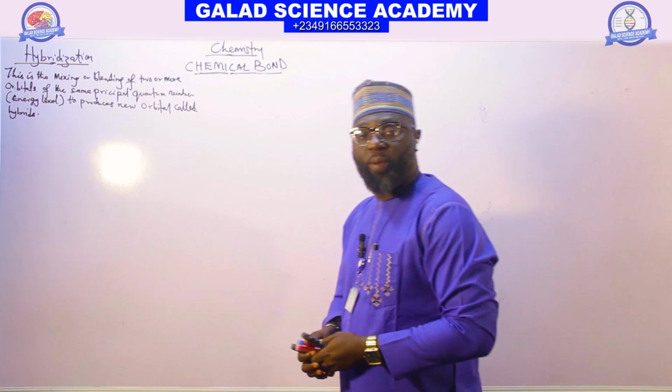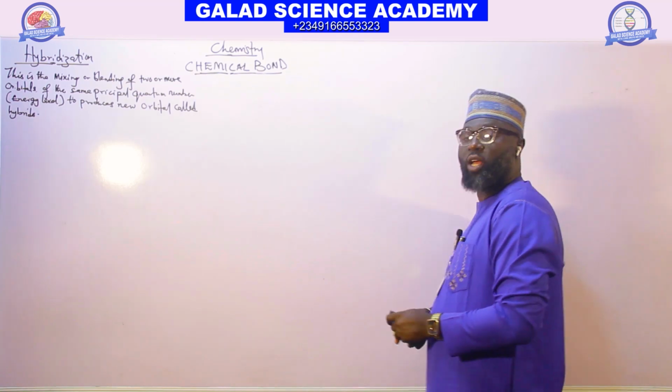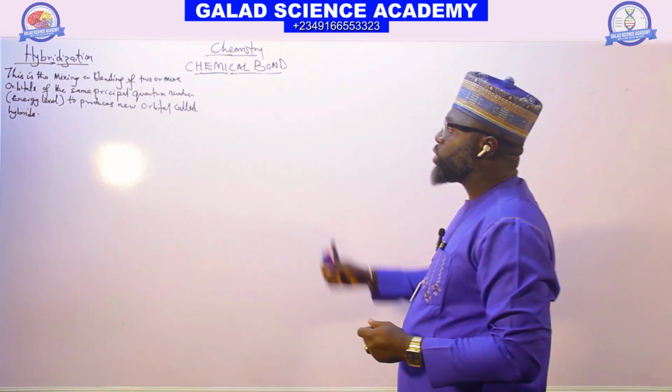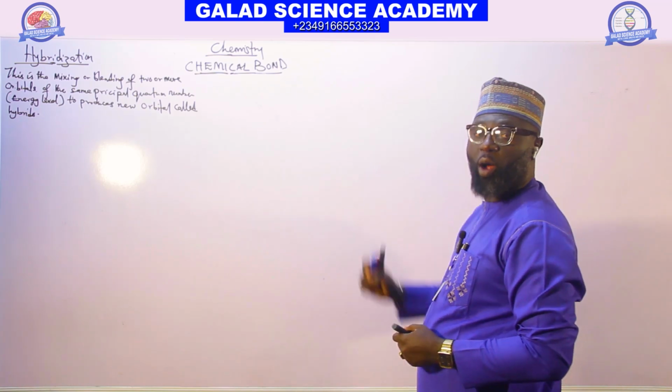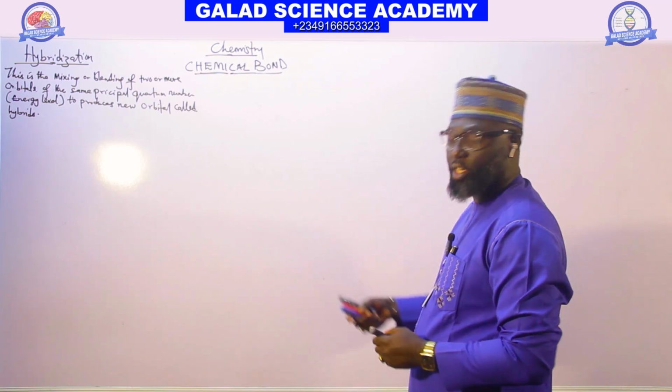So the process of blending two or more orbitals together of the same energy level to produce a new orbital called hybrid is called hybridization.